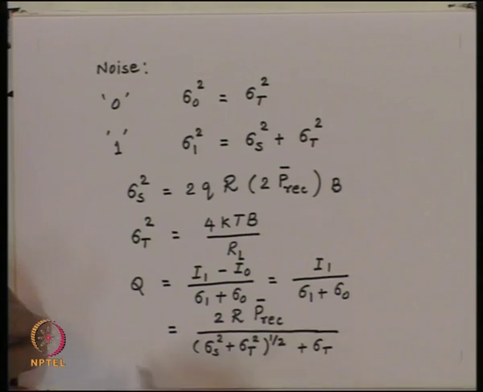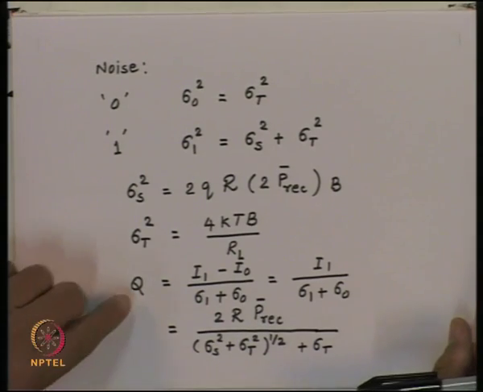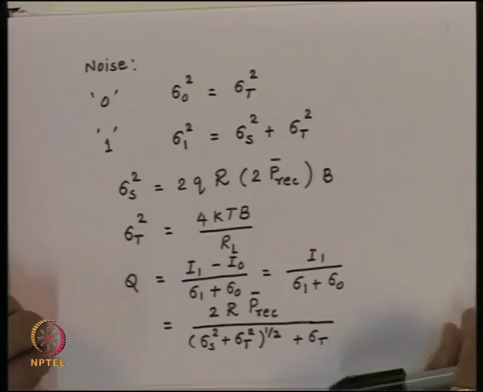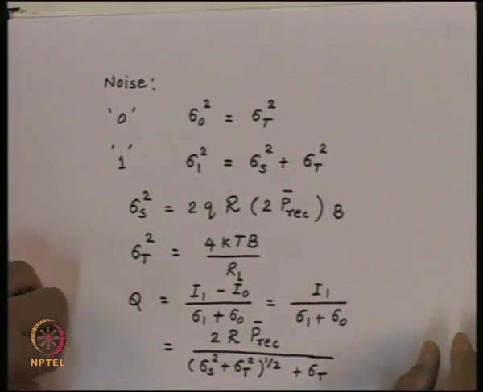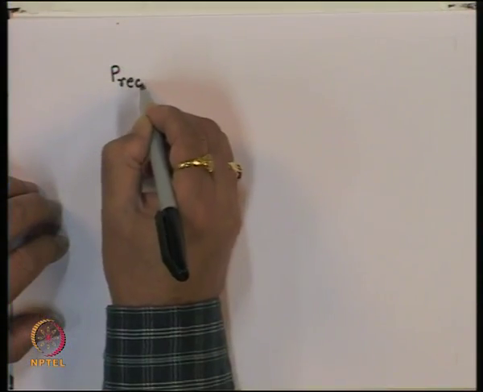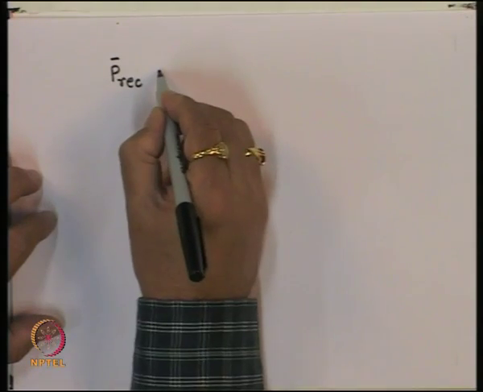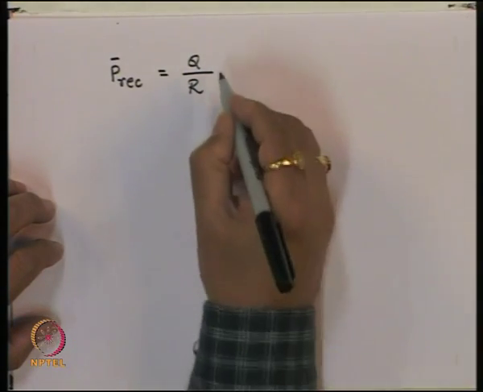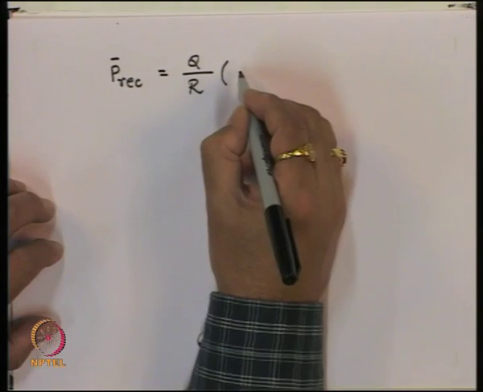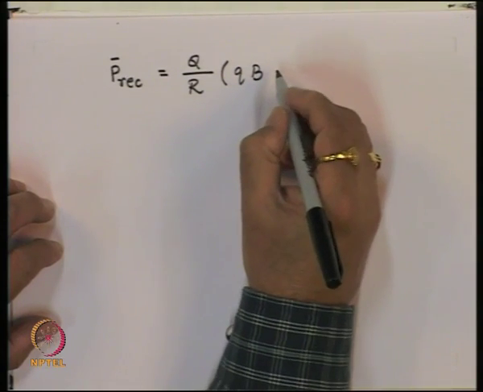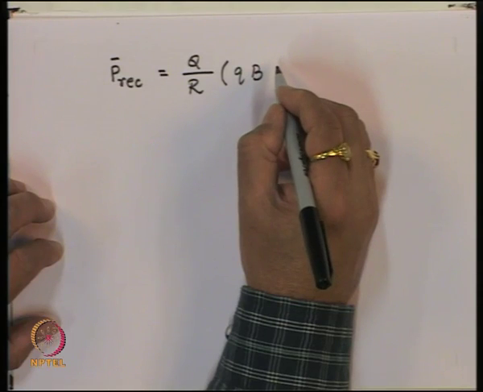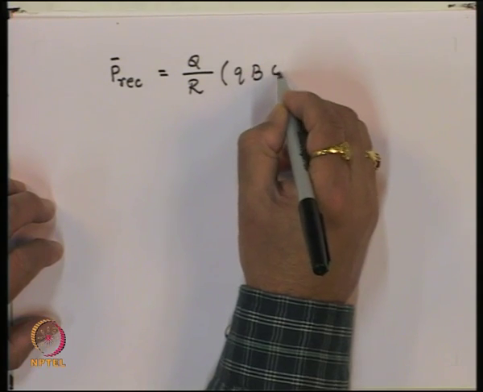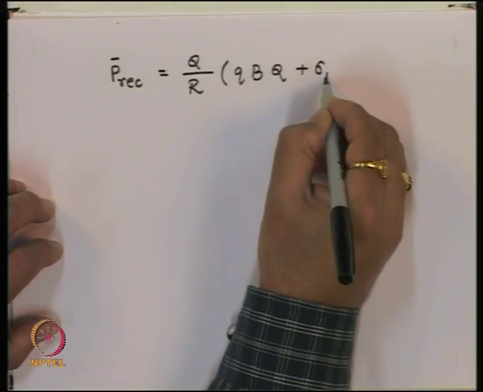We can reverse this expression to get the received power in terms of this factor Q. So, we can get the average P received, which will be equal to Q divided by the responsivity into the shot noise term plus sigma t.